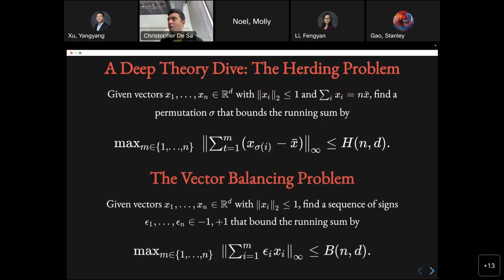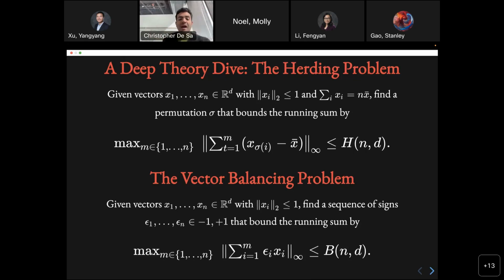And this problem is related to another problem in combinatorial optimization called the vector balancing problem, which is very similar, except instead of finding a permutation of the examples that minimizes this running sum, we take the examples in the same order that they're presented to us, but we're allowed to give them signs.